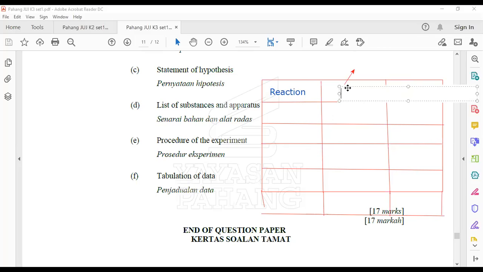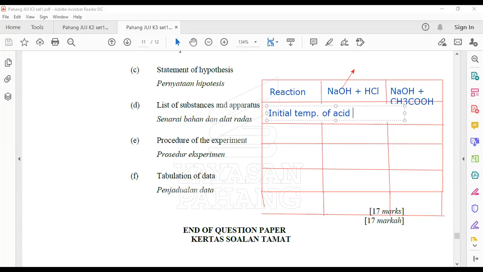This one, you put in words, please. This one will be the initial temperature. Please don't forget to put your unit as degrees Celsius.